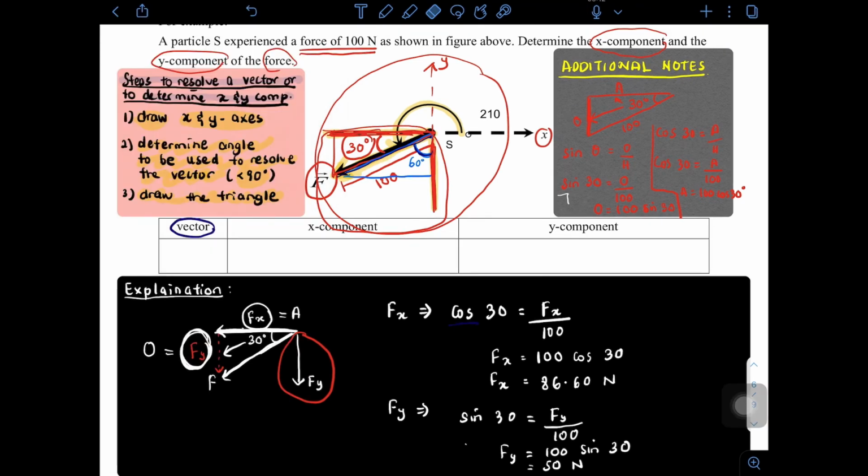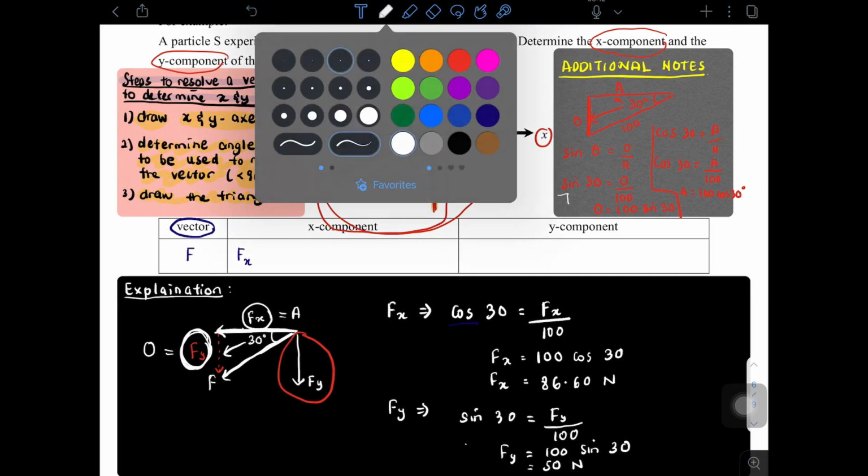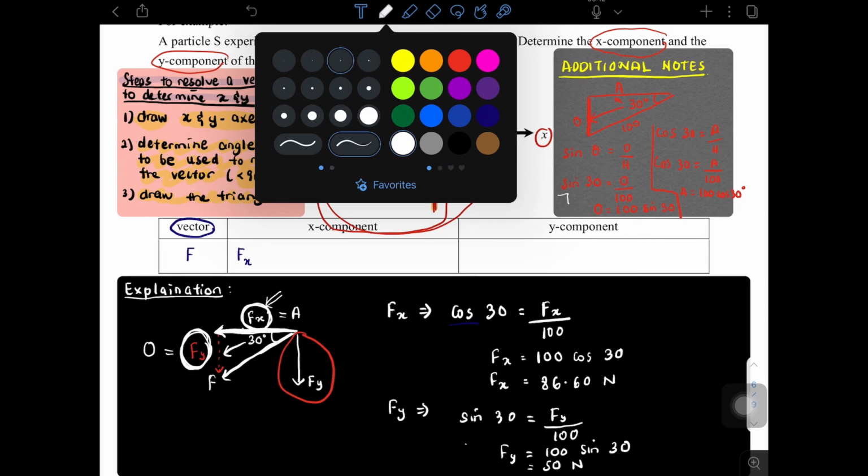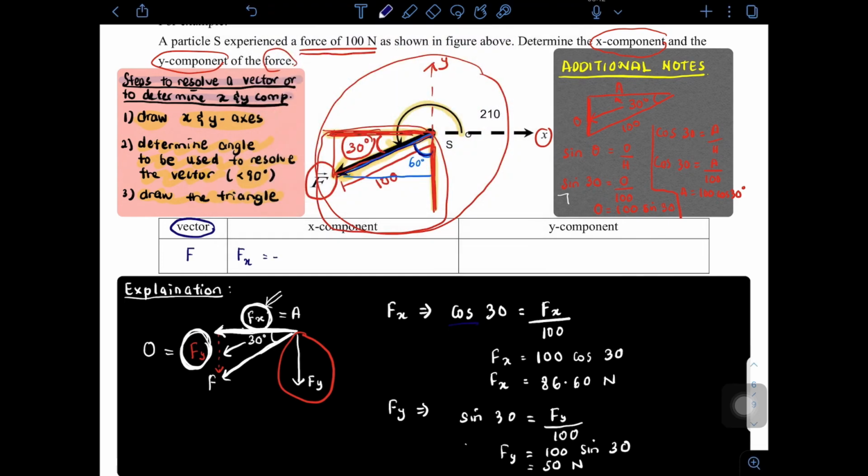Because F is a vector, we must include the direction. So let's write it down over here. This is vector F. Looking at your diagram, Fx, the x component of your force, is going to the left, so it will be negative 86.60 Newton.